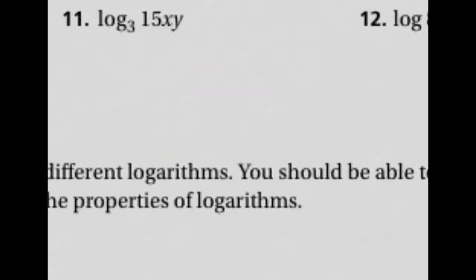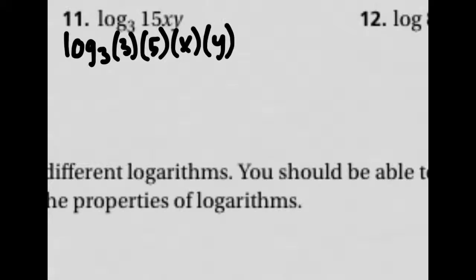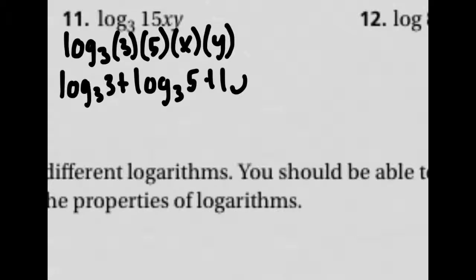Alright, I think that we can move a little bit faster now. Log base 3 of 15xy. What I notice right away is that 15 is 3 times 5, so I can do this. Log base 3 of 3 times 5 times x times y. That is 15xy. And now since I see nothing but multiplication, multiplication turns into addition of logarithms, so it's basically log base 3 of 3 plus log base 3 of 5 plus log base 3 of x plus log base 3 of y.